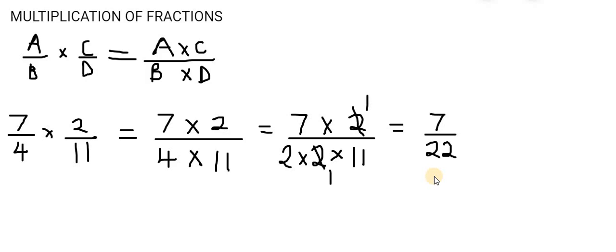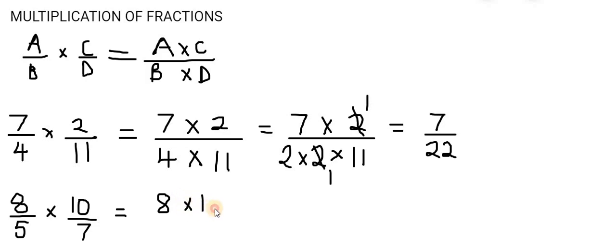Okay? Cool. Another example where we have to simplify the fraction after multiplying it or during the multiplying process. Now, that's 8 times 10 divided by 5 times 7.